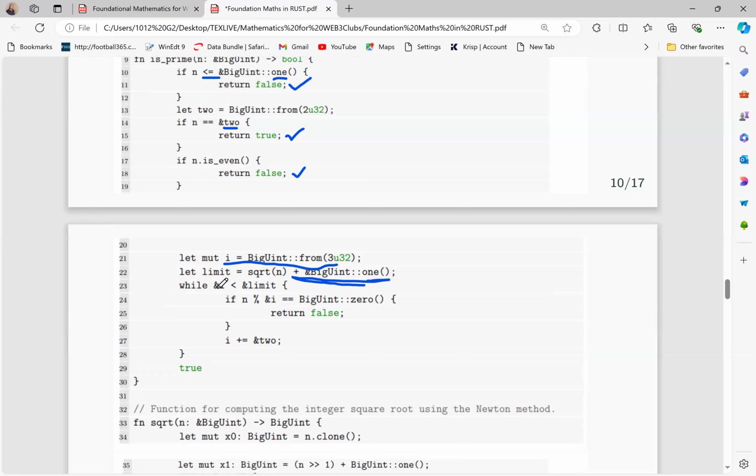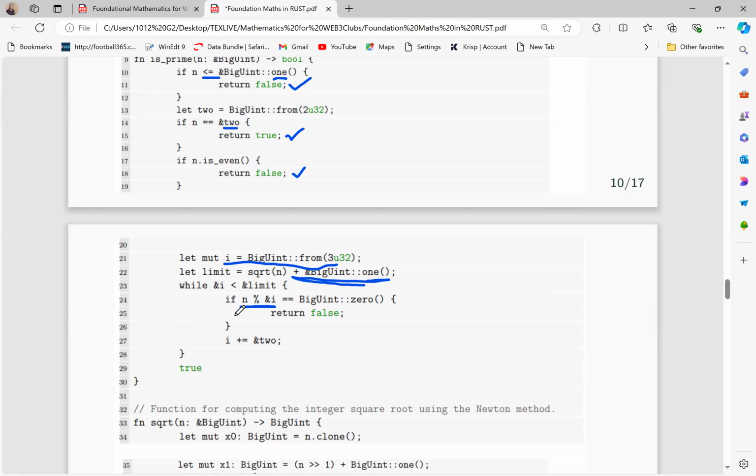So if i is less than n, at this point it is n divided by i. Remember, 3 has already been marked as a prime number.